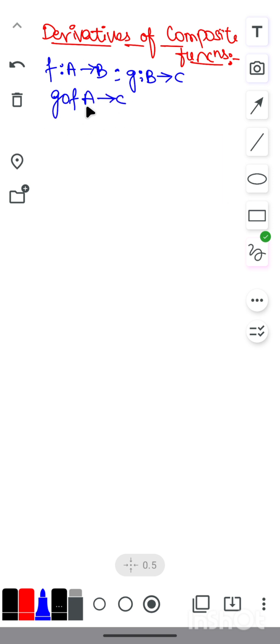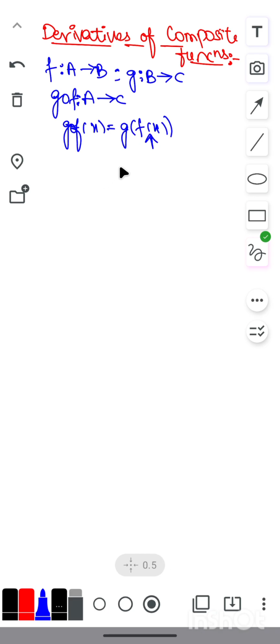Correct? And this gof can be denoted as gof of x is equal to g of f of x. You can observe here that the function g is having one more function in its body, that is f of x. So this type of function we can call a composite function.